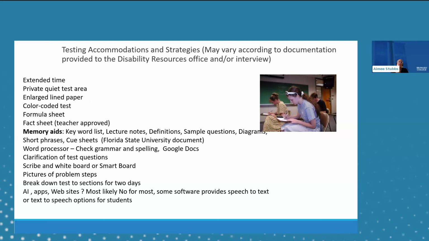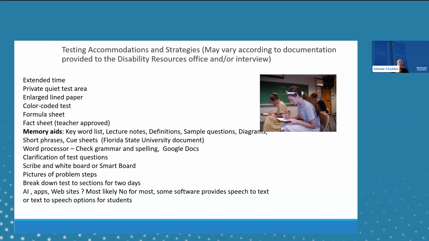Testing accommodations, a lot of times extended time, private testing area. We don't have as many large-print paper and all those because we have reduced distraction, really. Those are the older school kind of accommodations, but we might want to use something like a formula sheet.